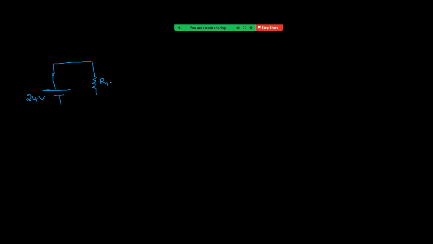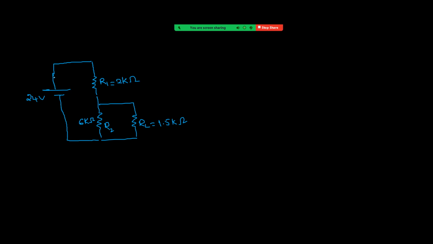This is given as R1 whose value is 2 kilo ohm. Next it is R2. This is given as 6 kilo ohm. And parallel to this having one more, that is now RL, which is given as 1.5 kilo ohm. This is now the circuit given, right?